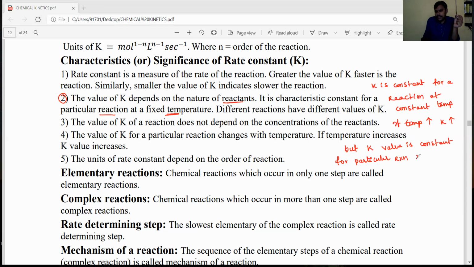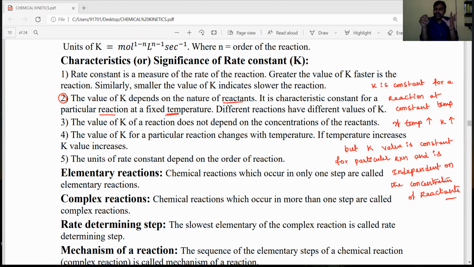and is independent of the concentration of reactants. Okay, let's see. Listen, dear student, this point is very important.